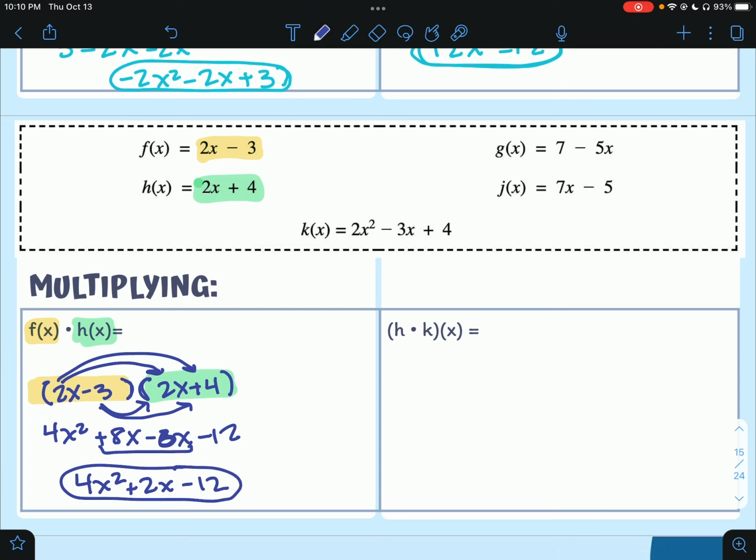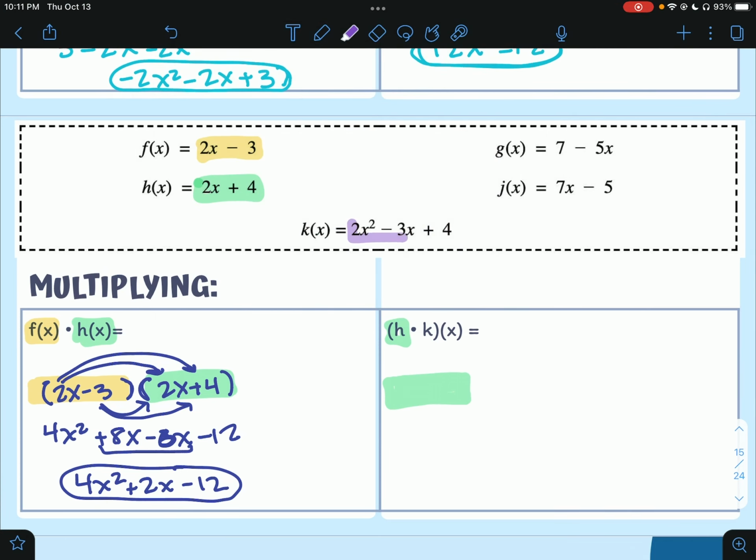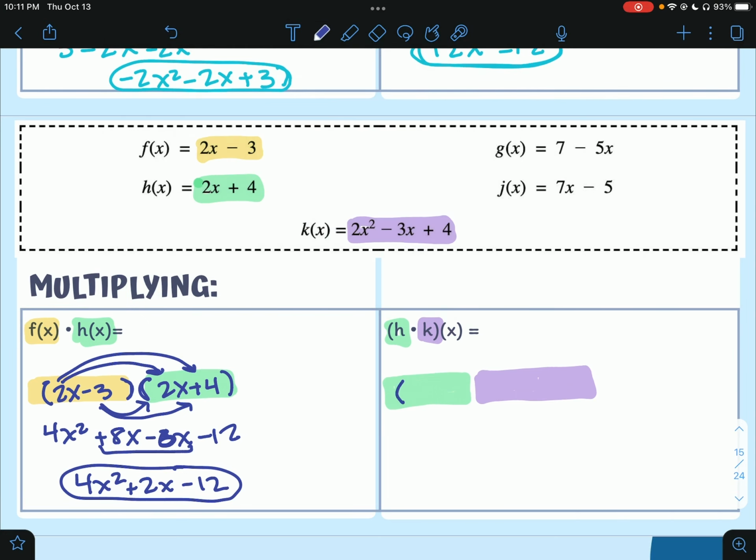Could do the same thing with h and k. H times k. So my h of x is 2x plus 4.